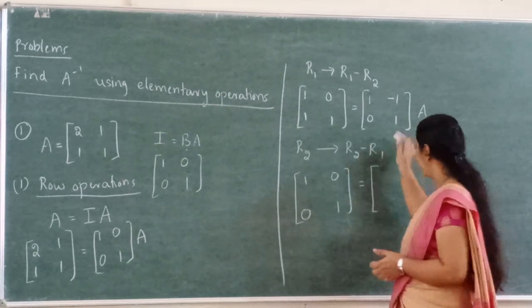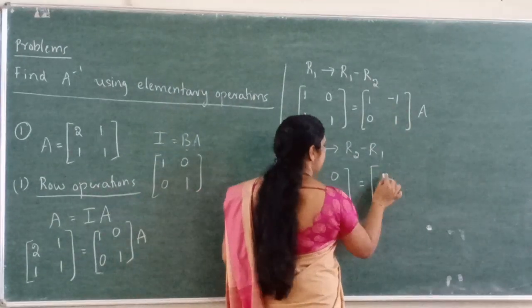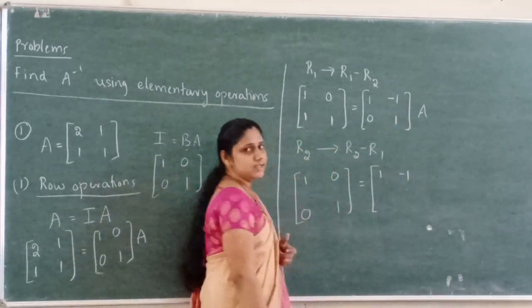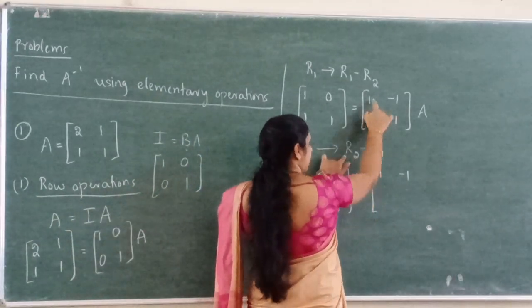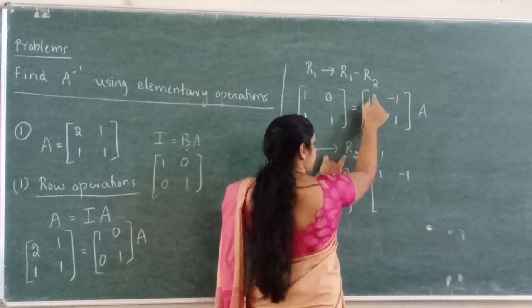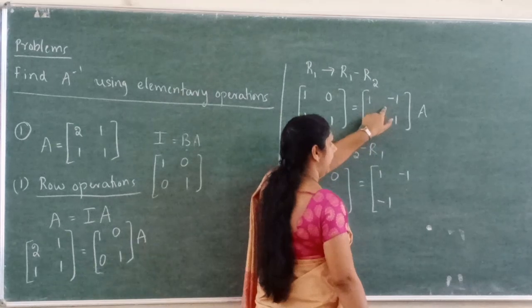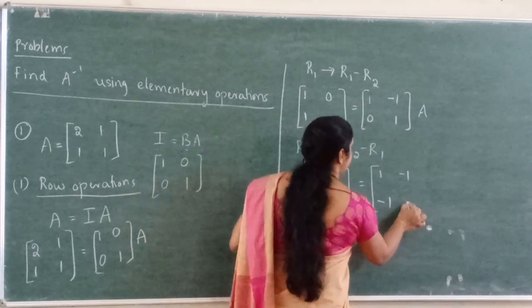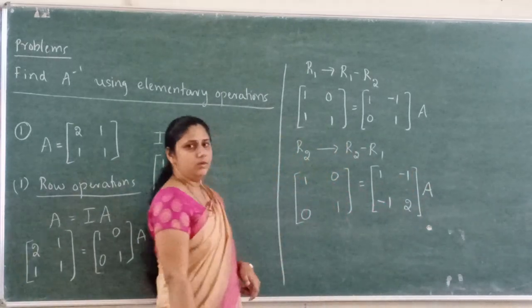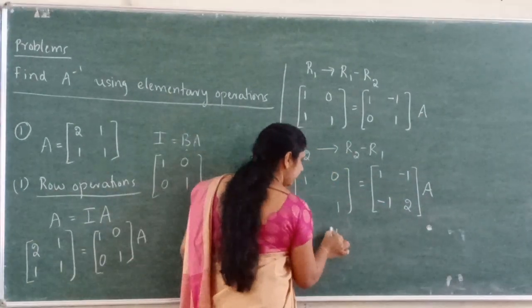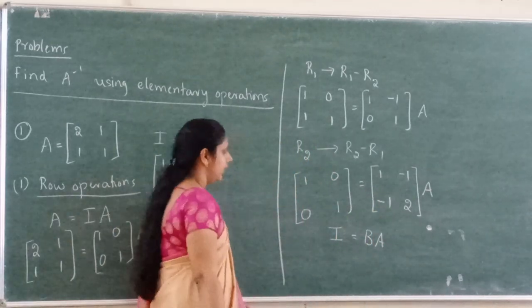Again on the right hand side, first row there is no change. Second row, R2 minus R1, that is 0 minus 1, that is minus 1. 1 minus of minus 1, that is 1 plus 1, 2 into A. Now this is of the form I is equal to B into A.